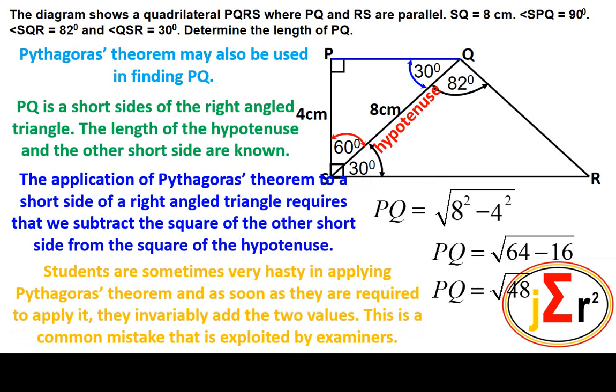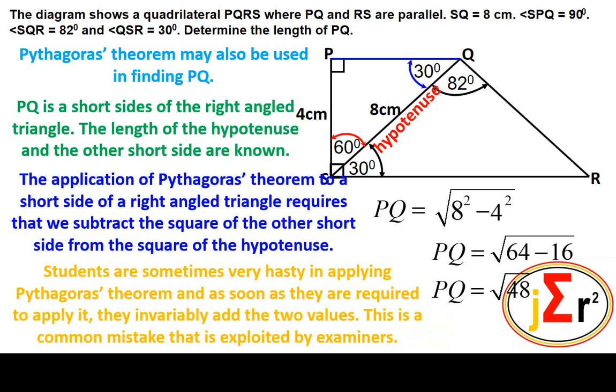Students are sometimes very hasty in applying Pythagoras' theorem. As soon as they see that they are required to apply Pythagoras' theorem, they invariably add the two values. And that is something that is exploited by examiners.